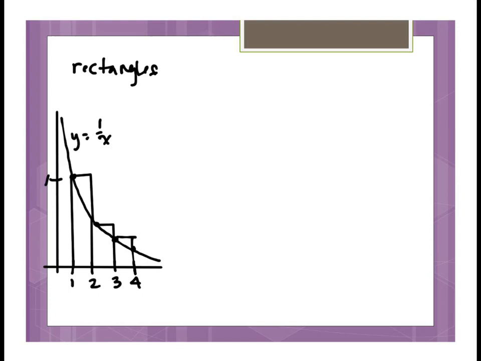And the heights of those rectangles are 1, 1/2, 1/3, 1/4. So these rectangles all have area 1 over 1, 1 over 2, 1 over 3, and so forth as we continue to go. So this summation of adding 1 over 1 plus 1 over 2 plus 1 over 3 has a graphical interpretation that would match up with this picture. So far, so good?